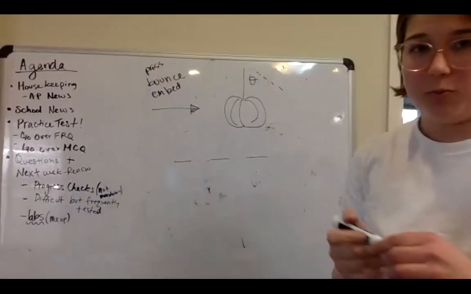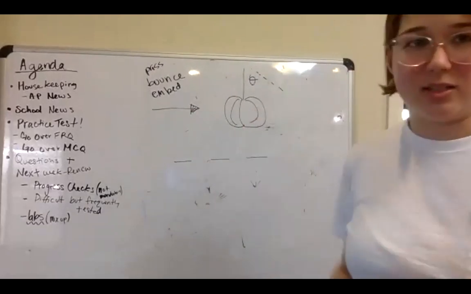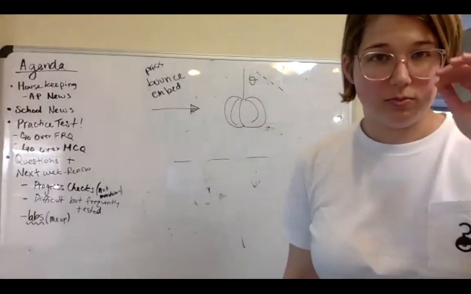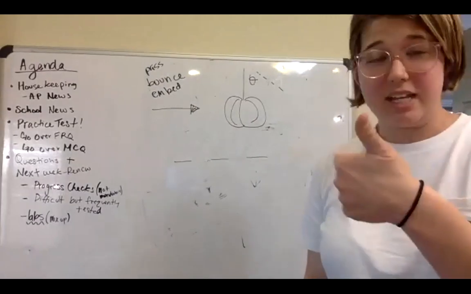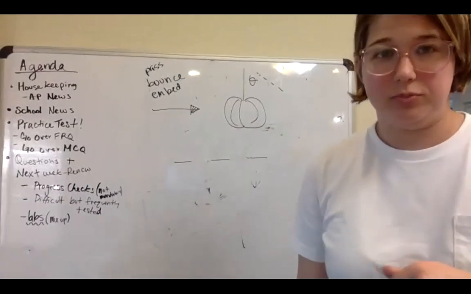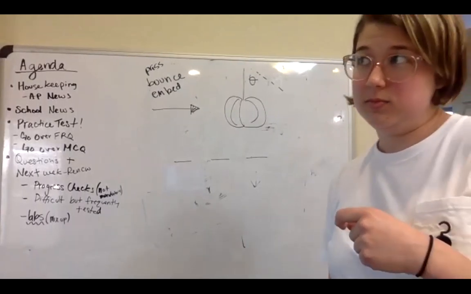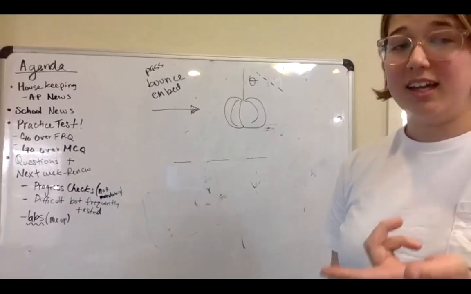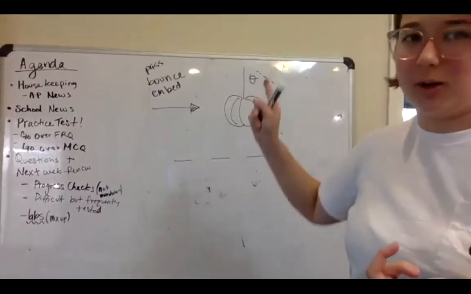Right. So what do we need to consider when we're thinking about how high this pumpkin goes? The type of collision. Yeah, so we care about the type of collision. What else do we care about? Energy. Yeah, the energy, because why does the pumpkin go up?